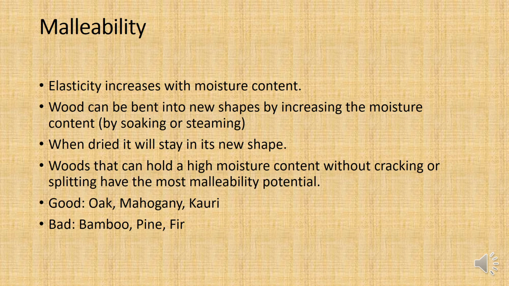What does not work so well are woods such as pine, bamboo, and fir, because basically they do not have the ability to hold a very high moisture content. Think of bamboo, for example. That's got a very waxy texture to it. If you were to soak that in water, and then dry it out, it's going to split very easily.